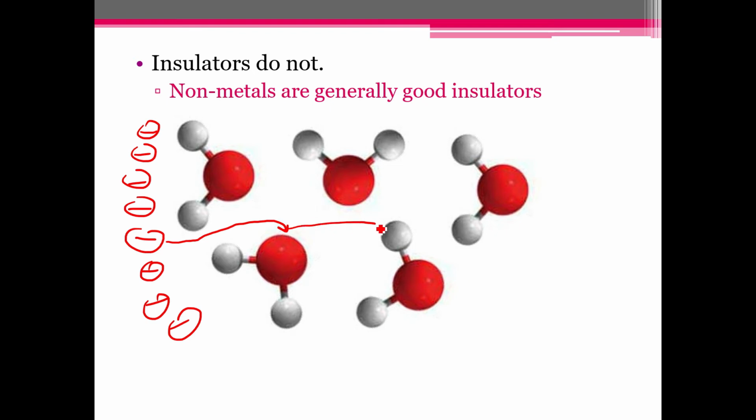It'll actually get attracted to this part of the water molecule because the hydrogen end is slightly positive, right? So the electrons don't have an easy way to travel from one molecule to another because in this case, water's polarity will attract electrons to here, and there's no easy channel for them to move through.